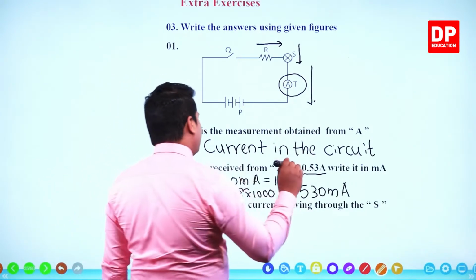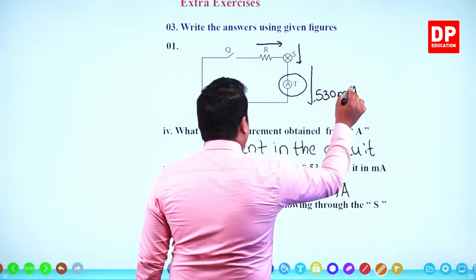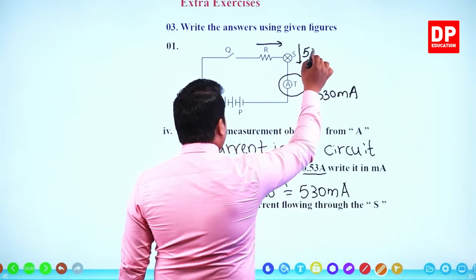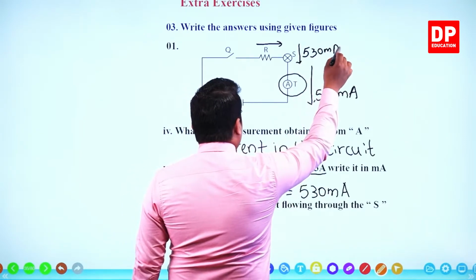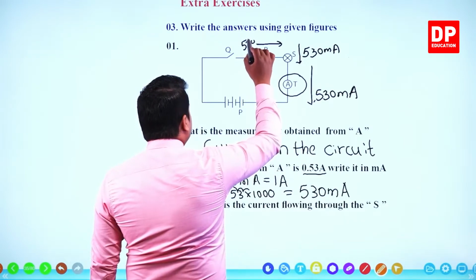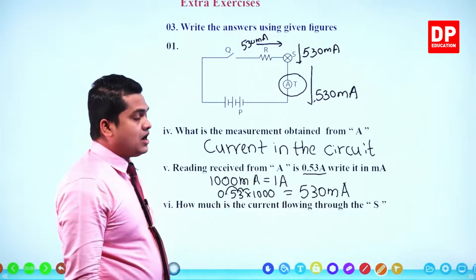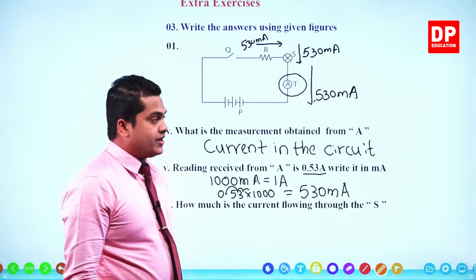So if the ammeter reading is 530 milliamperes, 530 milliamperes of current should flow from S, and also 530 milliamperes of current should flow from R as well, right?